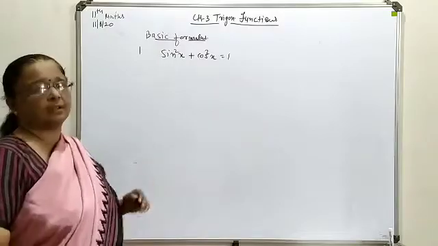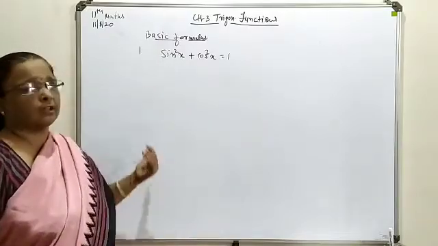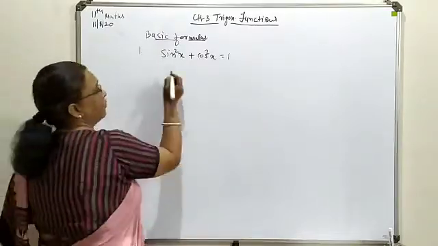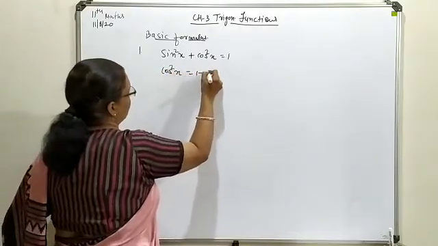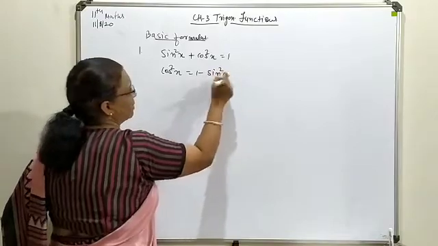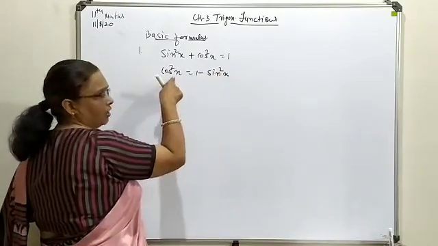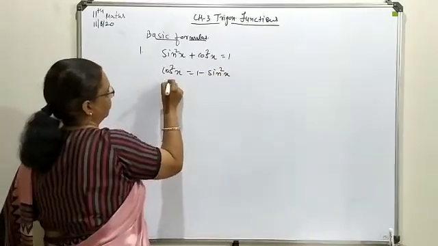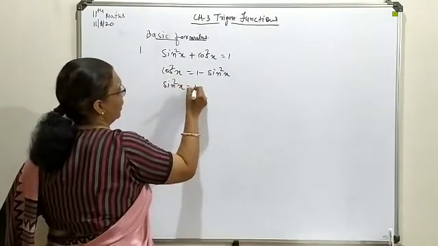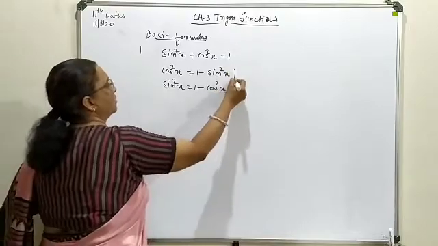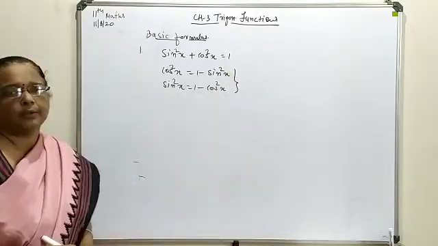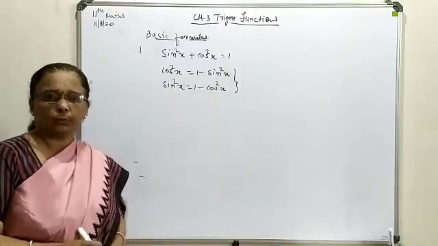This is a basic identity you have used. Their interconversion also you can use. If your sine is available, cos you can find by exchange of the term. If sine is given, substitute over here, cos will be evaluated. If cos is given, you can find out sine over here. So these are the two interconversions you can use to find an unknown quantity.